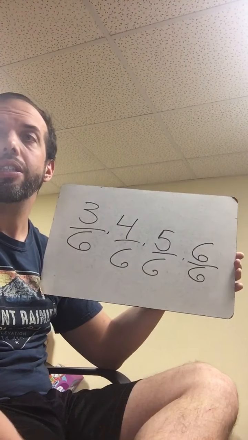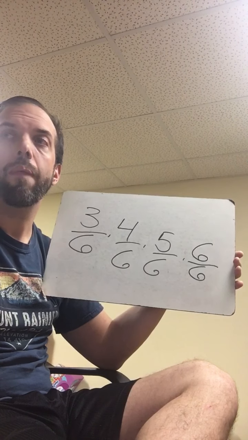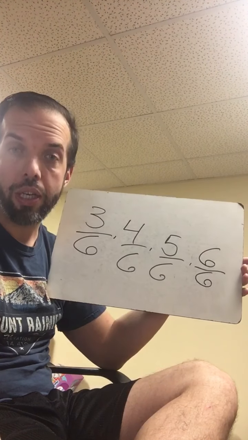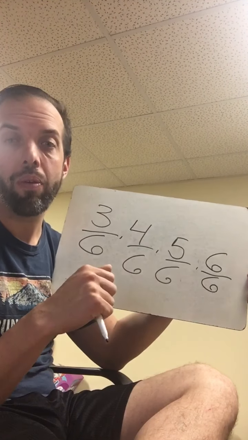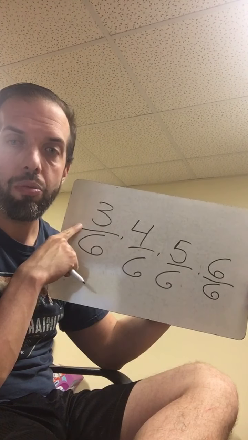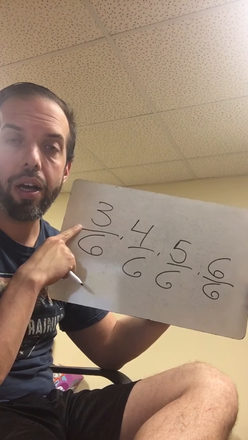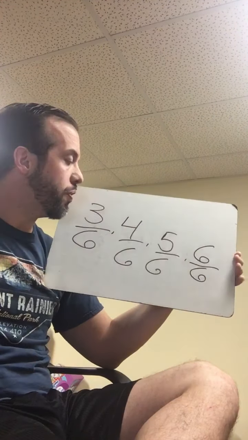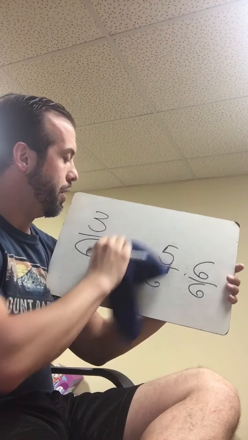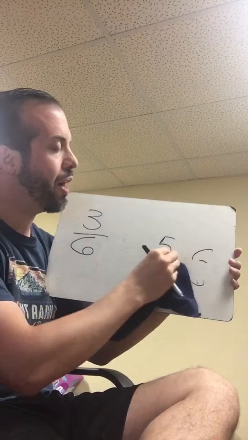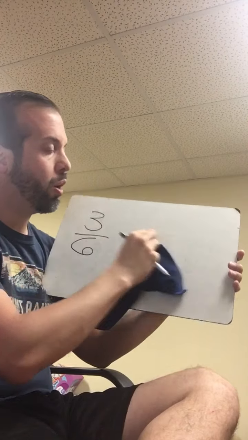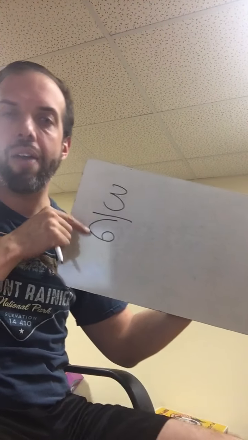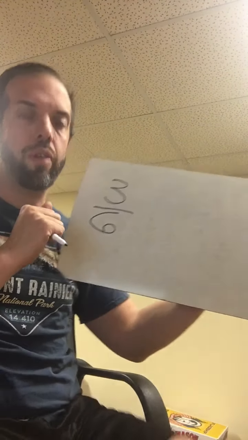If the direction said list the next 4 multiples of the unit fraction, that would be right. But our first fraction, notice, is not a unit fraction. Our first fraction is 3/6, all right, which is actually a very popular fraction in 4th grade. We can also call this 1/2, right, because half of 6 is 3.